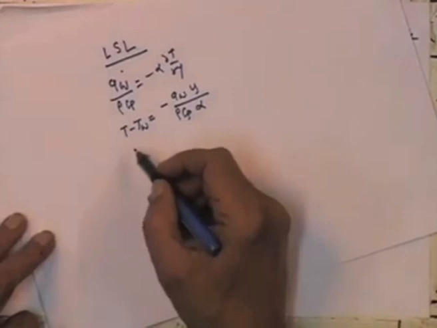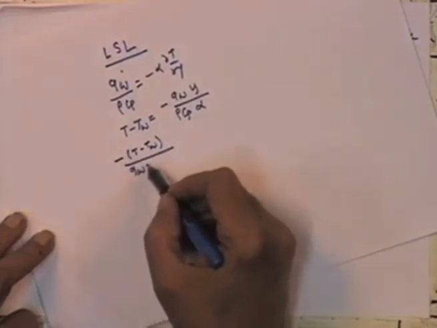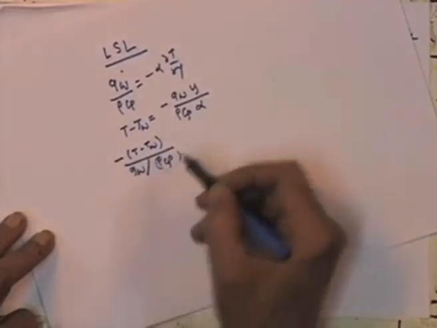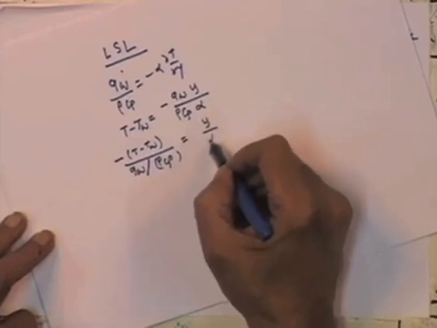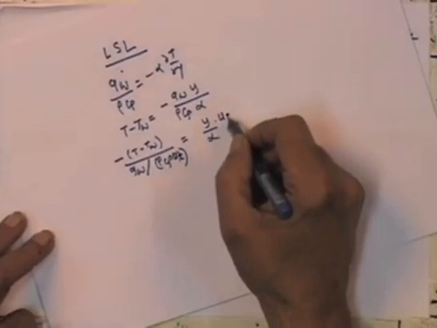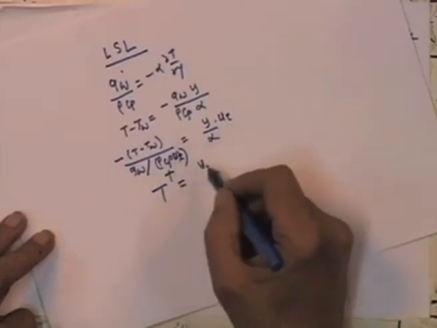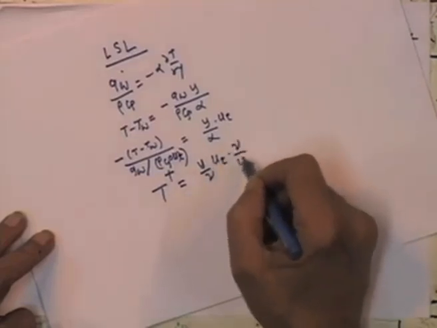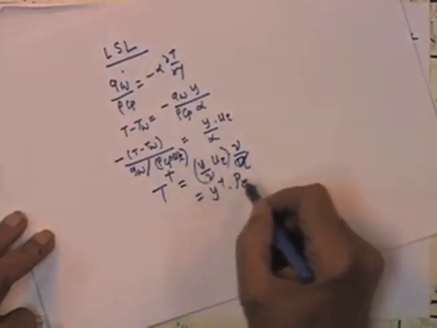Now, if I say that minus (T minus Tw) divided by Q wall divided by rho Cp would be equal to y by alpha, and if I divide this by u tau here, then this will be T plus, which is nothing but the definition of T plus, and that will be equal to y by nu u tau into nu divided by alpha, and therefore, this is nothing but our y plus, and this is the Prandtl number.